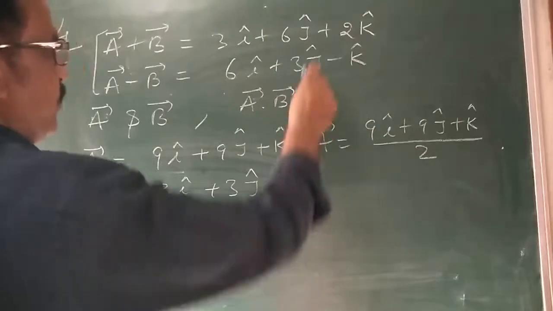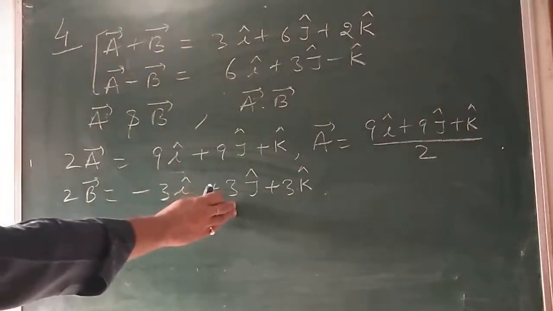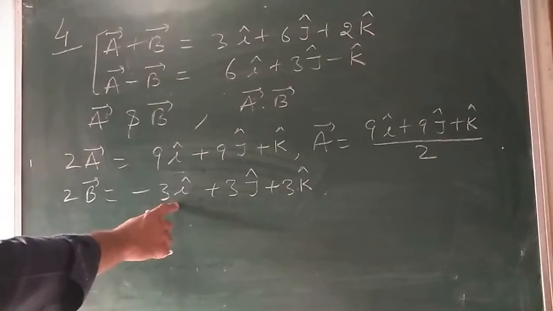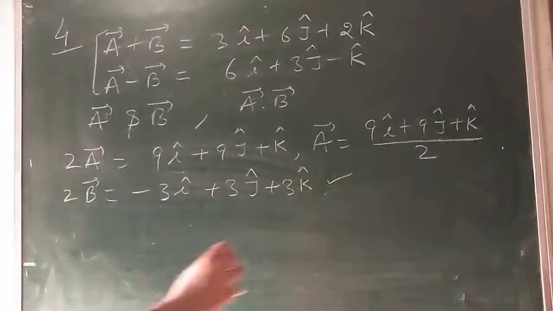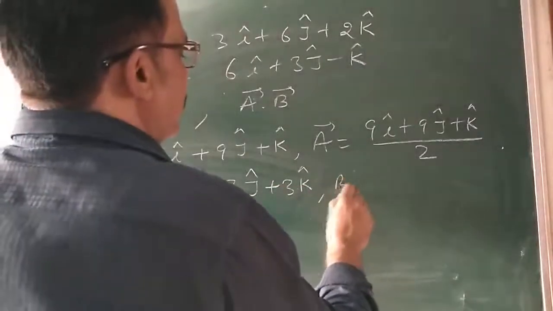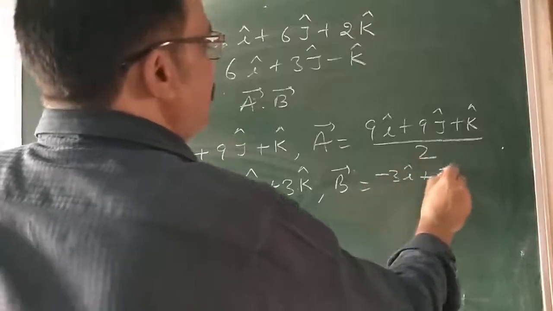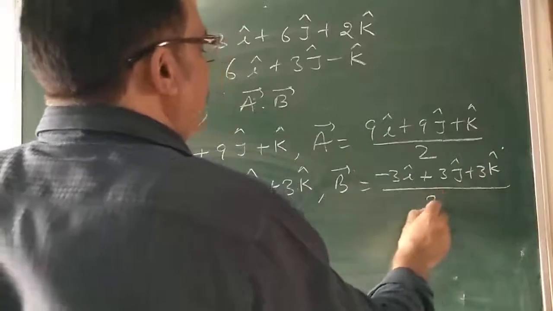When you subtract it, A plus B minus of A minus B. So minus 3i plus 3j minus k, sorry. That is minus 3i plus 3j plus 3k, right? Then B comes out to be minus 3i plus 3j plus 3k by 2. This is the value of A and B.